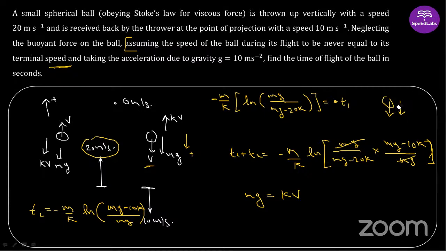So it can't get a terminal speed. So I am taking that 10 as the terminal speed because when it is coming down, then only it can get a terminal speed like mg and this force is equal. So I am taking this final speed 10 as the terminal speed. So let us see what do we get. Mg is equal to 10k. So if this is 10k, minus 10k is 0, that will create a problem, even if we assume that to be 20.